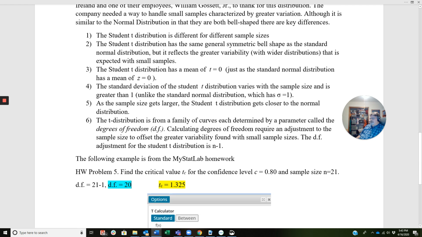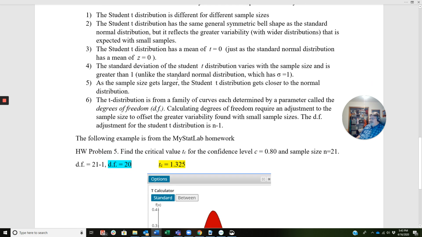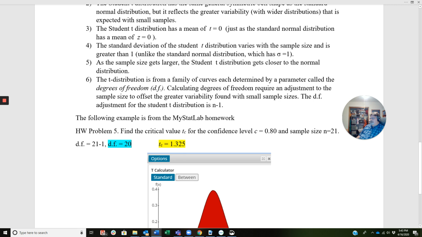The student distribution has a mean of t equals 0, just like the standard normal distribution has a mean of z equals 0. The standard deviation of the student T distribution varies with the sample size and is greater than 1, unlike the standard normal distribution, which has sigma equal to 1. As the sample size gets larger, the student T distribution gets closer to the normal distribution.